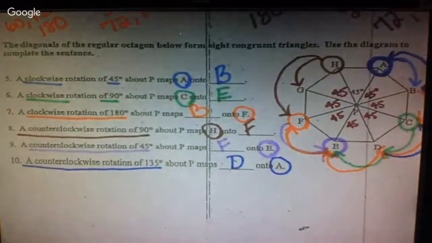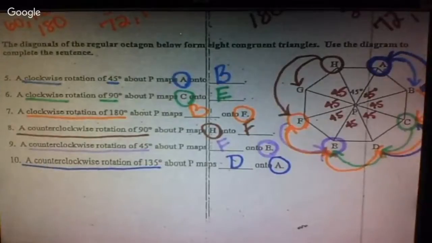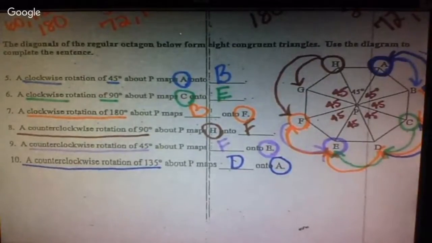So I want to pick some point where I can start and go around to the left and end at A. So if I start at D and go around to the left, there's 45, there's 90, there's 135. So to find the counterclockwise, you have to just go clockwise. Technically, yes.